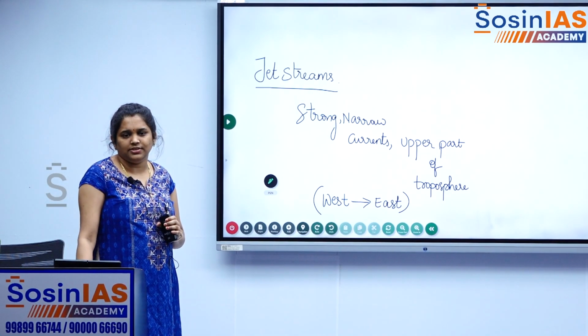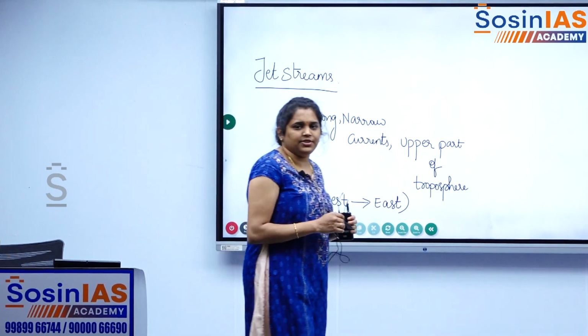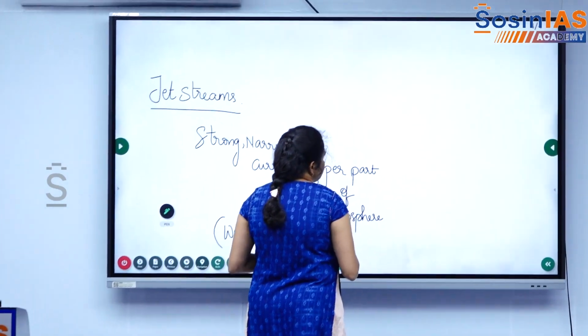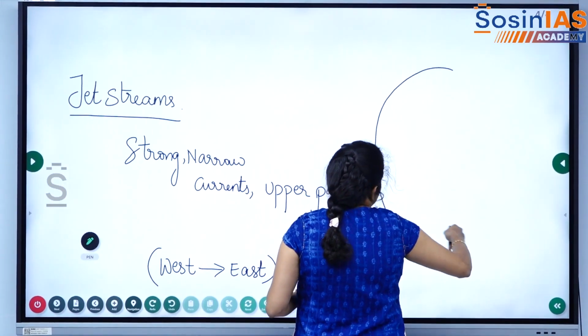Now, please write the characteristics of jet streams. First one, the circulation of jet streams is from west to east.